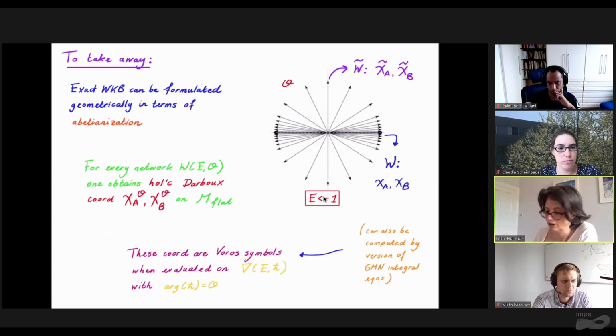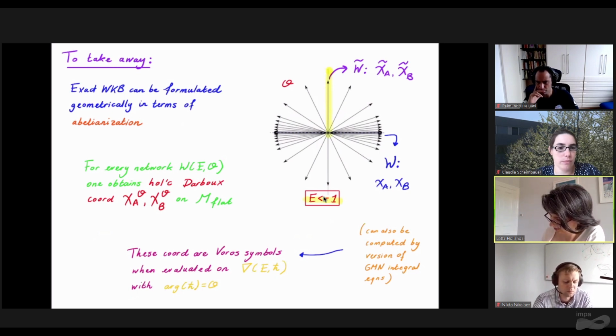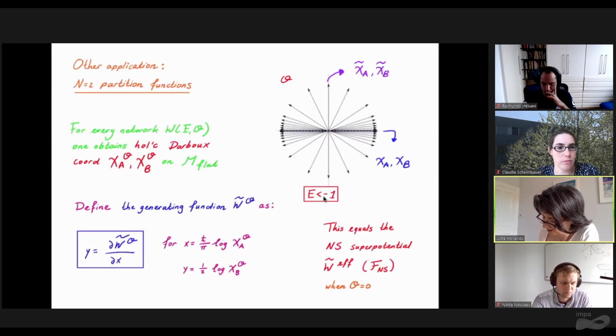It actually turns out that if you just look at the negative real axis, so if you look at E being smaller than -1, then you can also recover the spectral network W tilde, but at a different phase. So it would appear here at this phase theta equal to a half.